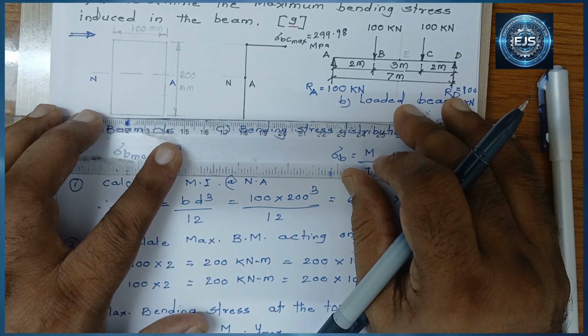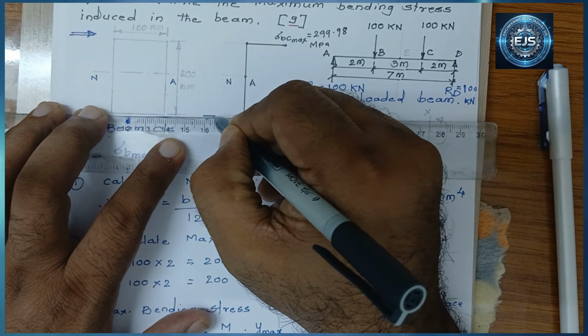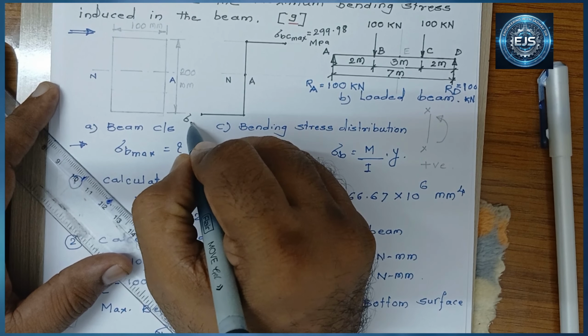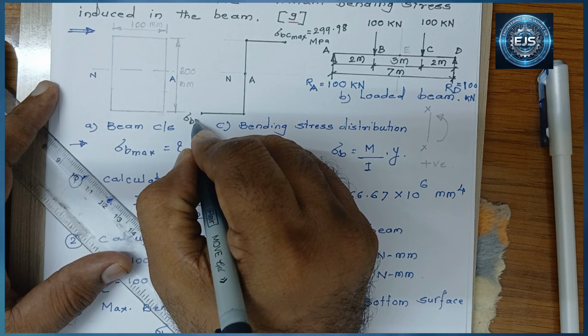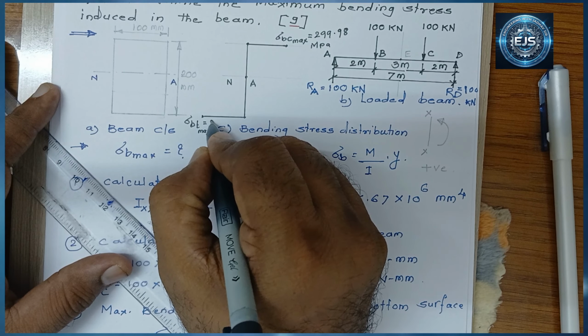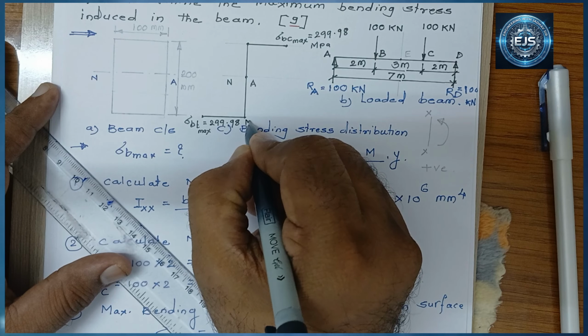And at the bottom surface, the bending stress magnitude is the same, that is 299.98, but it is tensile. Sigma BT max magnitude is the same, but the nature is opposite, that is tensile. So 299.98 megapascal.